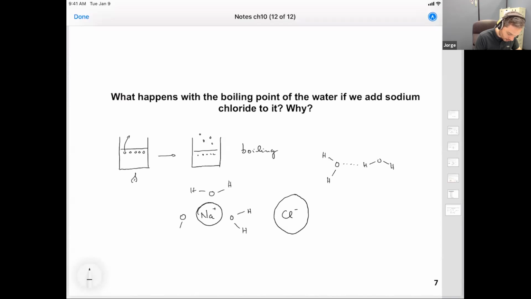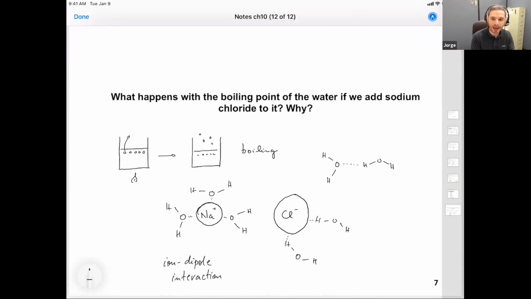So all the oxygens will turn to the Na plus, and all the hydrogens will turn to the Cl minus. Here what we establish is a very strong ion-dipole interaction. This interaction is so strong that now we need more energy to disconnect the water molecules from the ions to boil them.